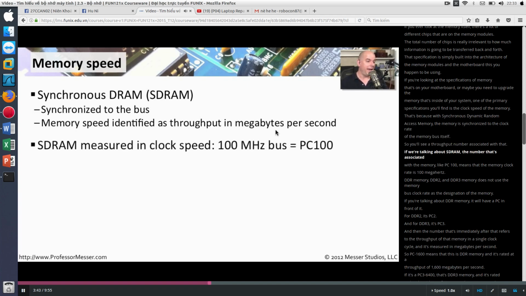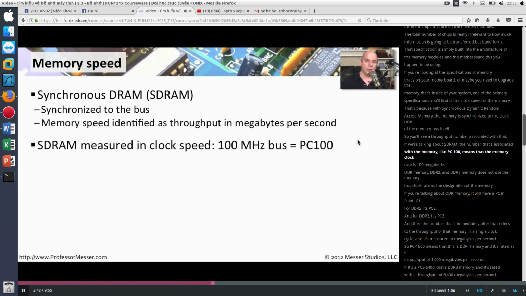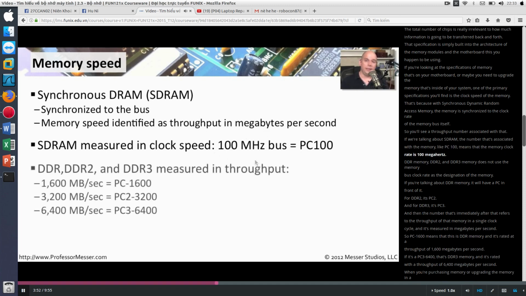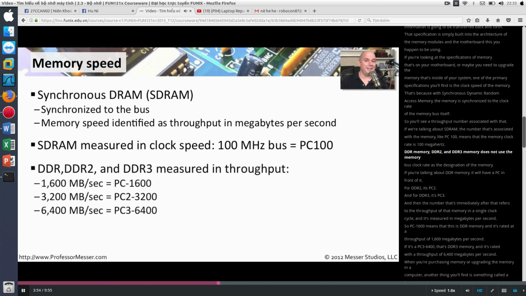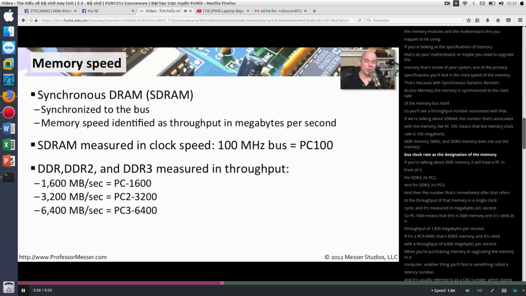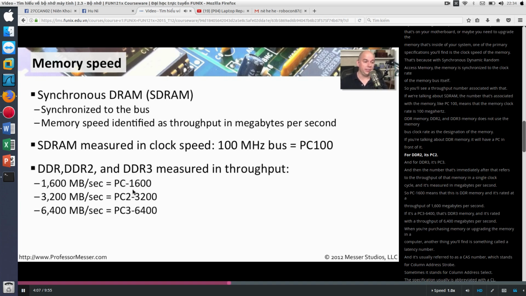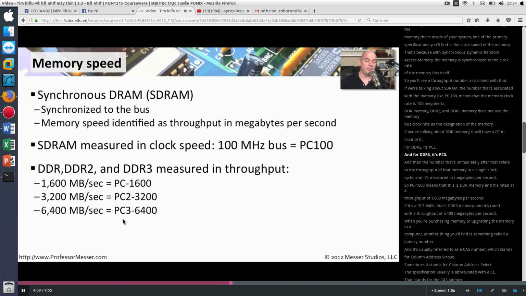If we're talking about SDRAM, the number that's associated with the memory, like PC100, means that the memory clock rate is 100 megahertz. DDR memory, DDR2, and DDR3 memory does not use the memory bus clock rate as the designation of the memory. If you are talking about DDR memory, it will have a PC in front of it. For DDR2, it's PC2, and for DDR3, it's PC3.